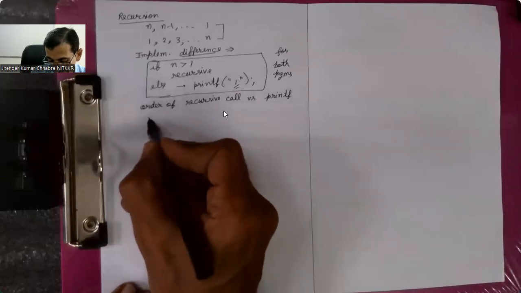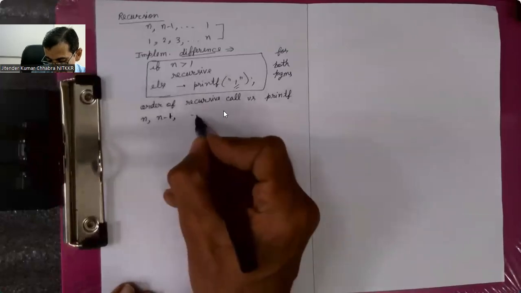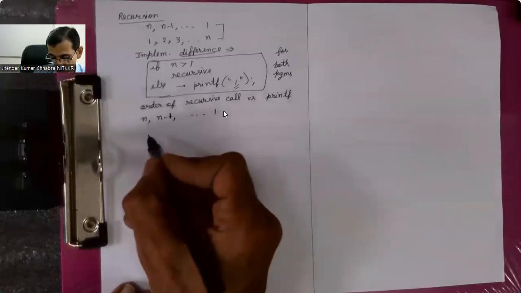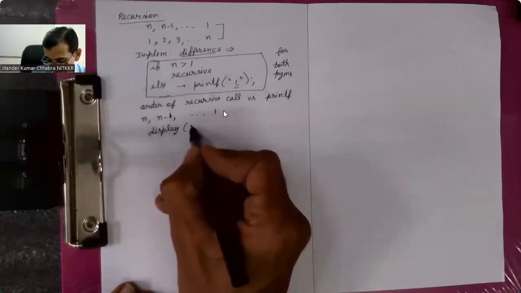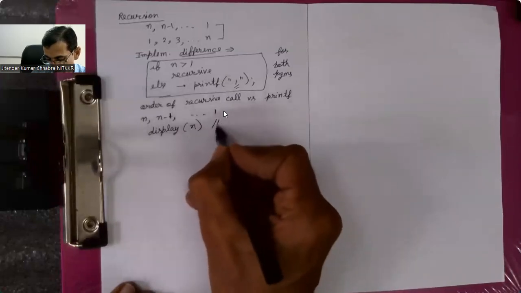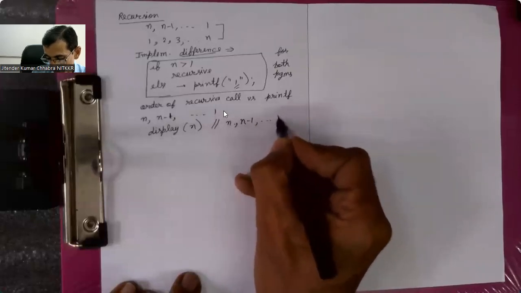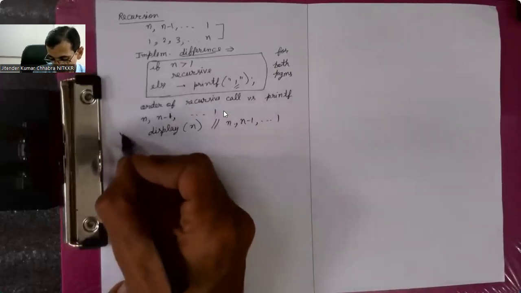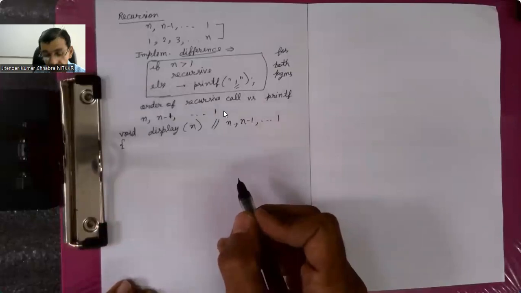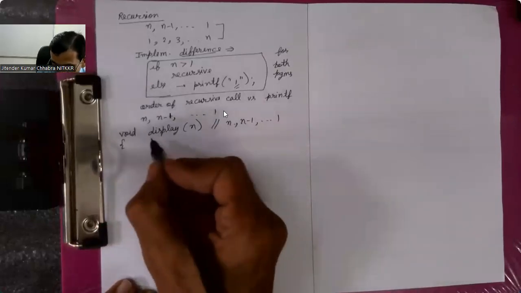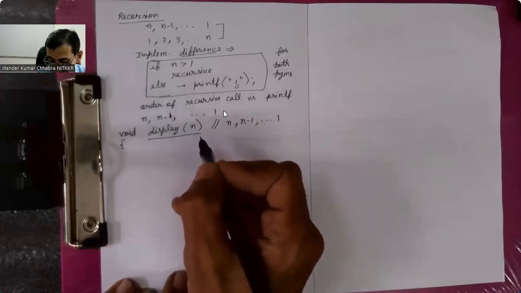For example, if I have to print n down to 1, and you were supposed to implement this as a display function, let's say you made a display function where you wanted to display n, n minus 1, and so on. Then, of course, this could be a void function because I have nothing to return. Now, basic logic of programming says you should be able to differentiate which part is to be done recursively and which part not.